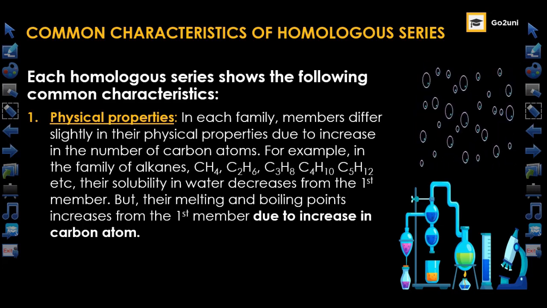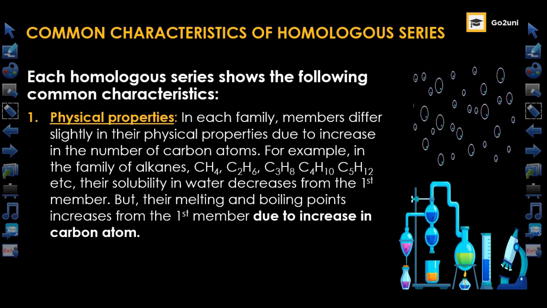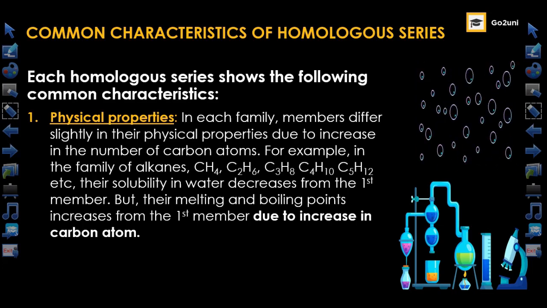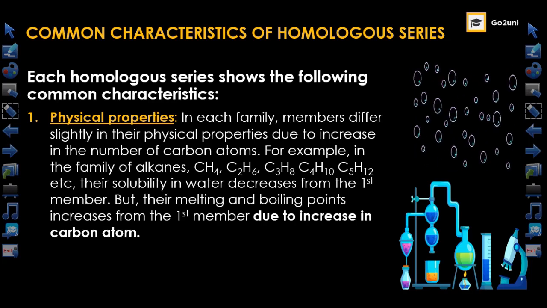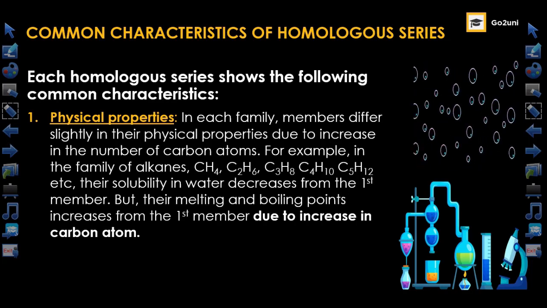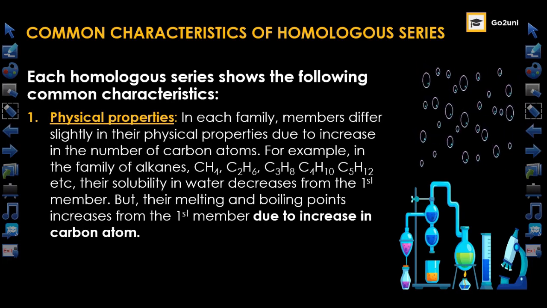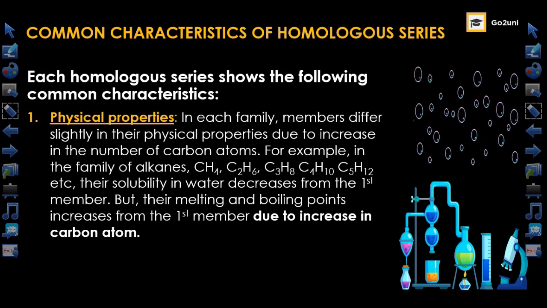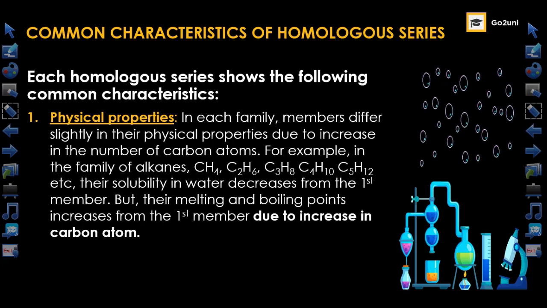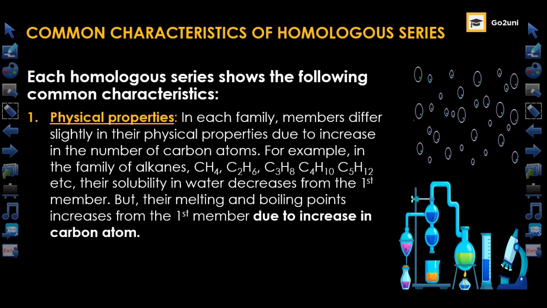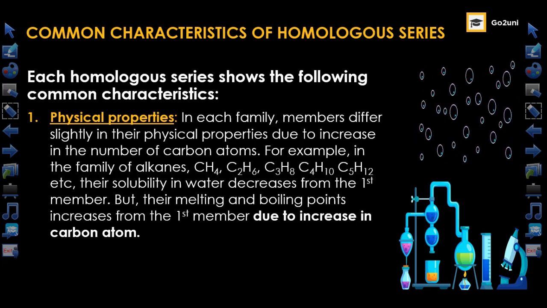Similarly, melting and boiling points will be increasing from methane. Methane, since it has only one carbon atom with 4 hydrogens, has a lower melting and boiling point compared to ethane, which has 2 carbon atoms and 6 hydrogen atoms. So it tells us that for ethane to melt, there must be a higher temperature compared to methane, which is just 1 carbon atom and 4 hydrogen atoms.